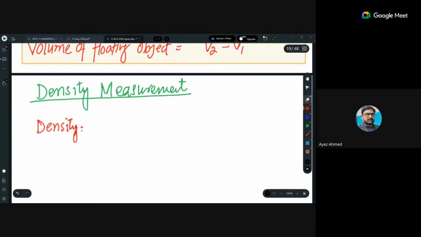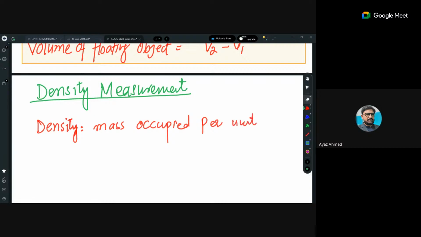So density is actually the mass occupied per unit volume of a substance.